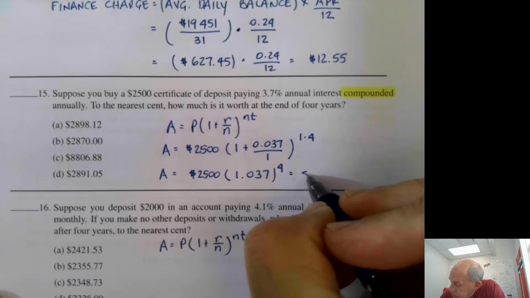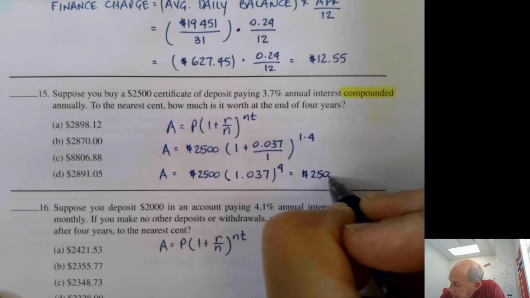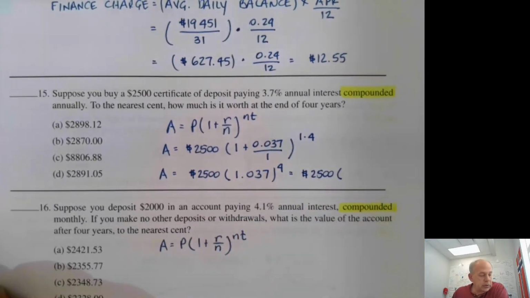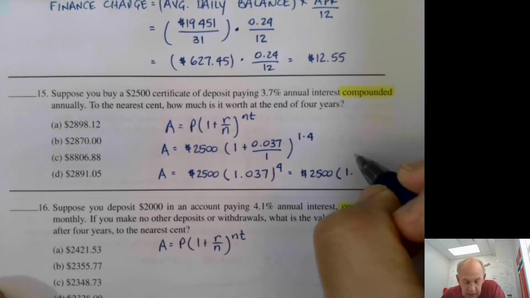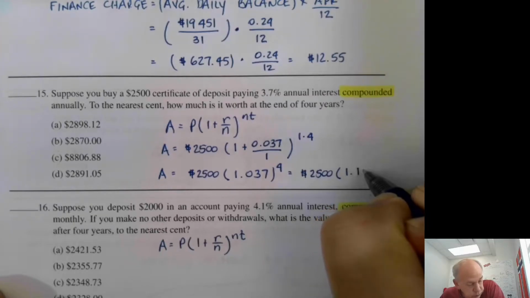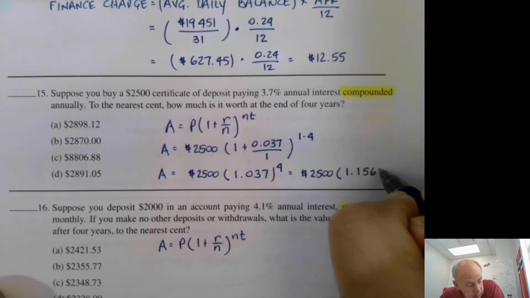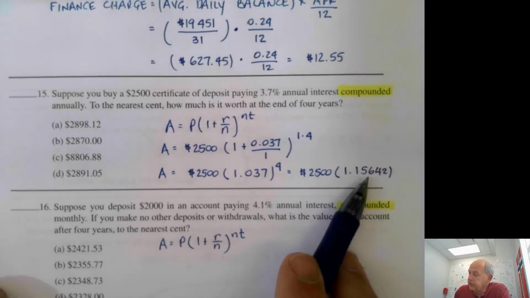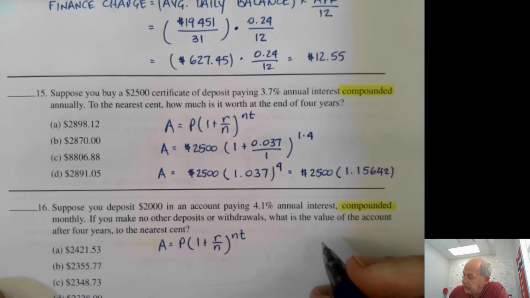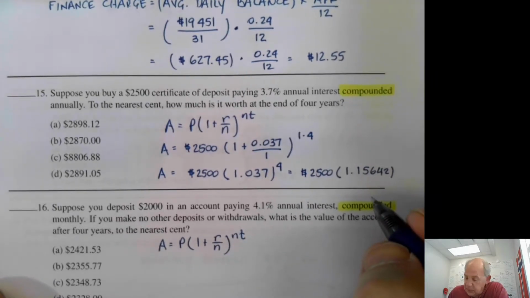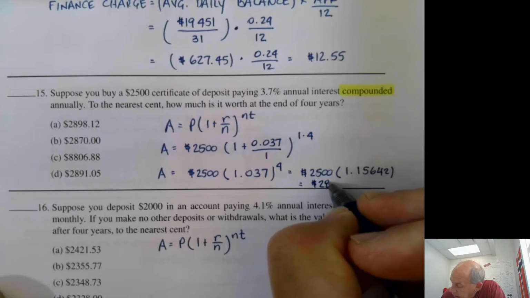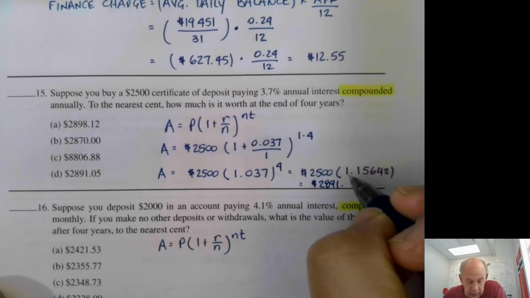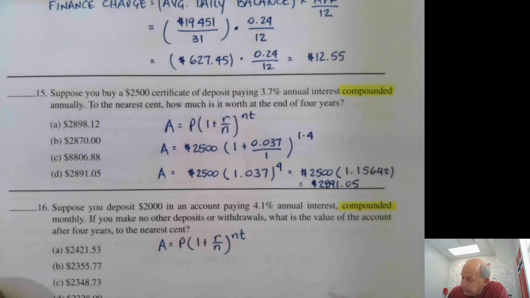So I have $2,500, 1.037 raised to the 4th power, and this is a value out of my calculator. So 2,500 times that number out of my calculator is going to give me my answer, and that is 2891.05.